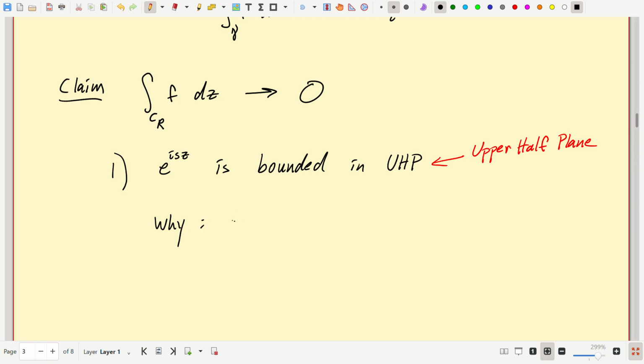Let's see. e to the i s times x plus i y. Take the modulus. That would be e to the i s x times e to the minus s y, since i squared is minus 1. The first thing has modulus 1.